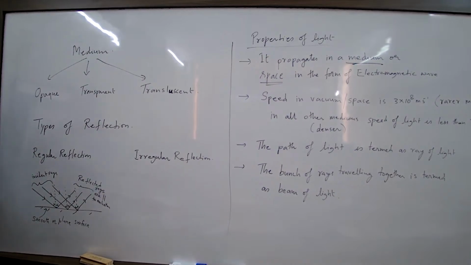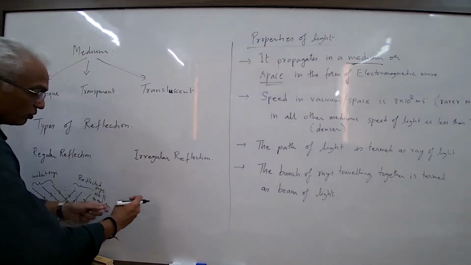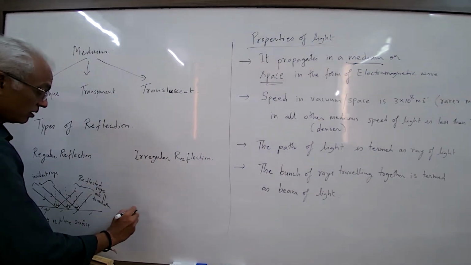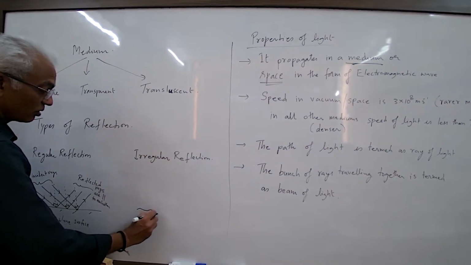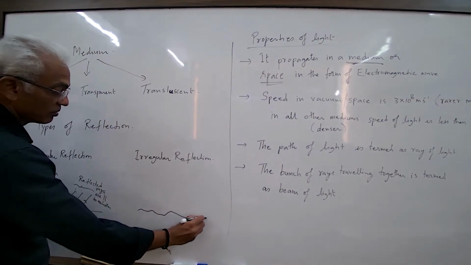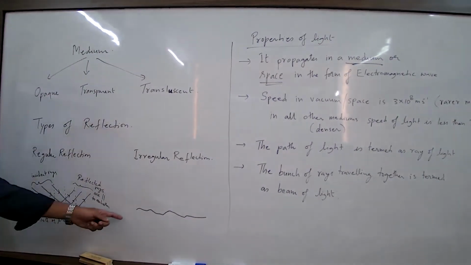Now what about the wall? Does it have irregularity or is it as plane as the glass? Wall is rough. It's not smooth. It is a rough surface. So if you magnify it a little bit, the wall will have a lot of irregularities like this. It will have some deformities. Okay.